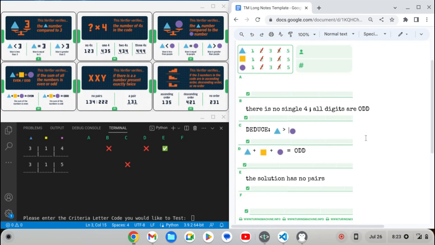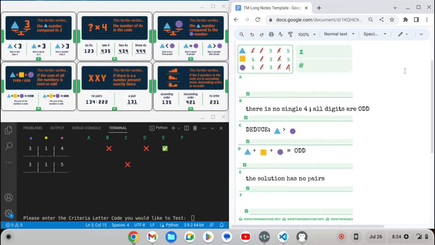Okay, so if triangle is to be greater than circle, what can we say? Triangle cannot be 1 because what could be smaller than 1? Can't happen. And similarly, circle can't be 5 because if circle's 5, there's nothing bigger.